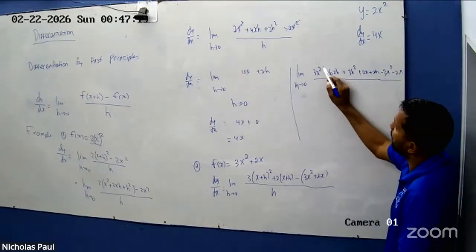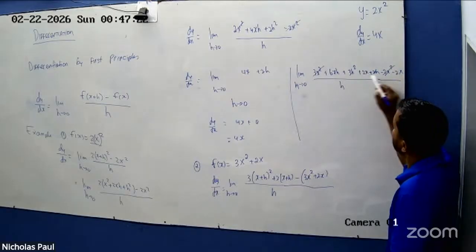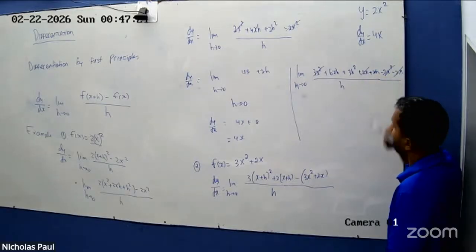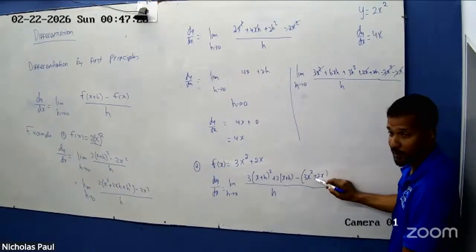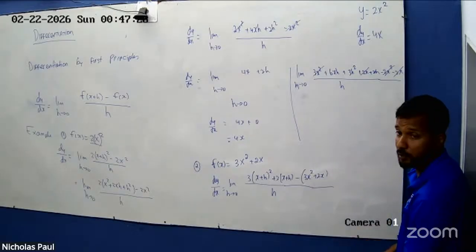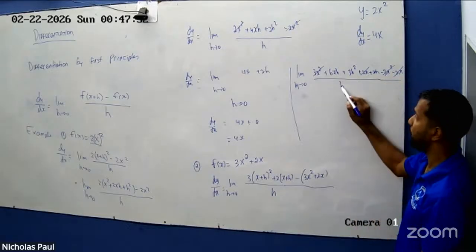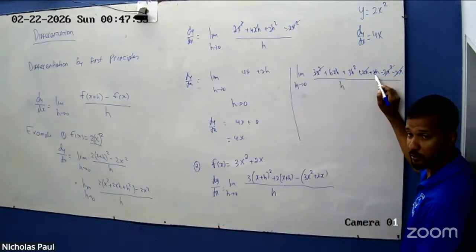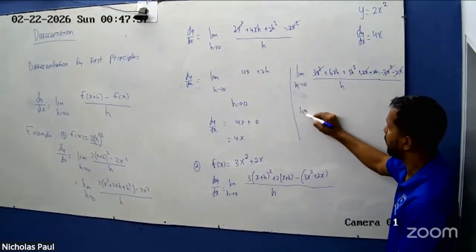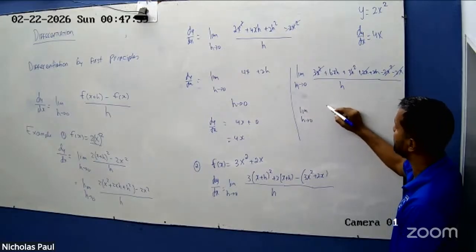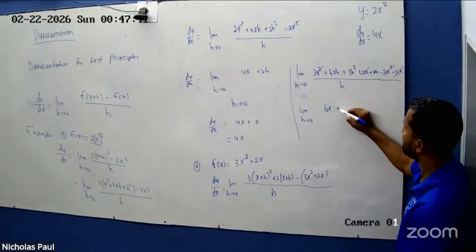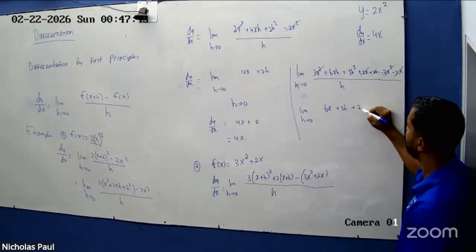Normally the x squared terms will cancel, and then we divide everything by h. So we will get the limit as h approaches 0 of 6x plus 3h plus 2.